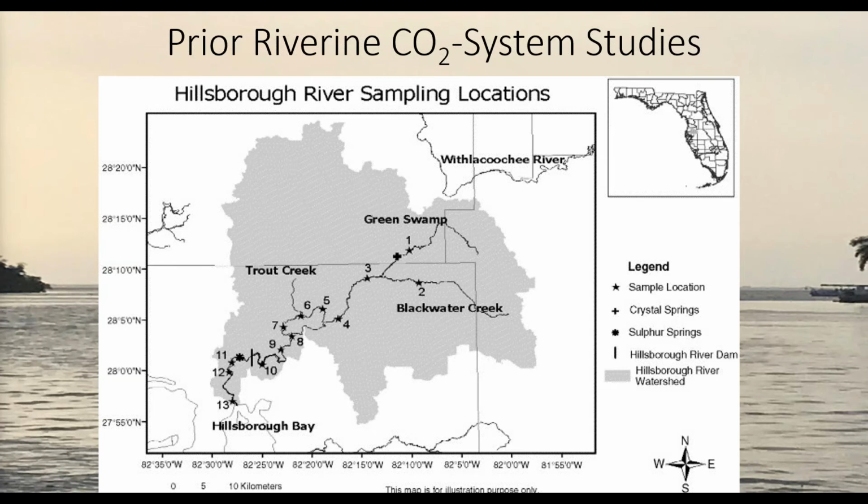That study was in 2007 by Pillsbury and Byrne, and they conducted a spatial and temporal survey on the Hillsborough River and measured pH, saturation state, carbonate alkalinity, and some other major ions, and essentially found that during periods of low precipitation or low rainfall, pH and carbonate alkalinity were elevated, and waters were supersaturated with respect to calcium carbonate. And conversely, during high precipitation or high rainfall, river water was low in pH and carbonate alkalinity, and waters were undersaturated with respect to calcium carbonate. Next slide, please.